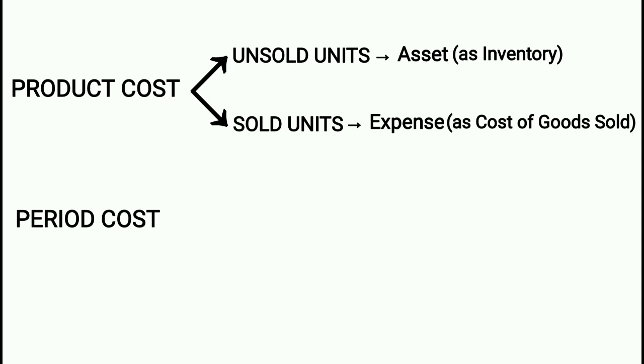On the other hand, period cost is a cost that is charged as expense against income, regardless of the sales performance. Meaning to say, this period cost is not subject to allocation. No allocation is necessary. Why?